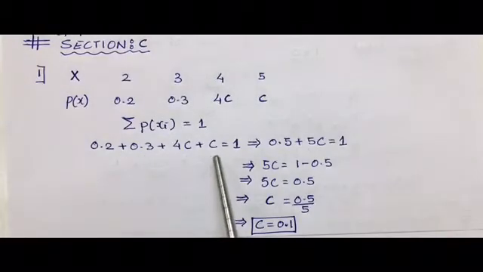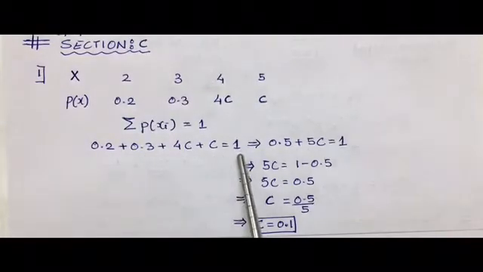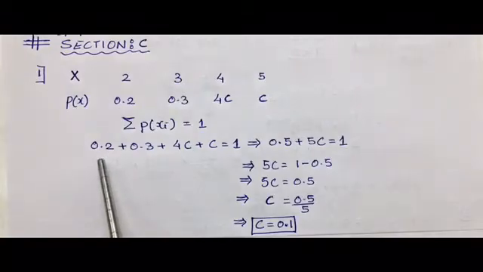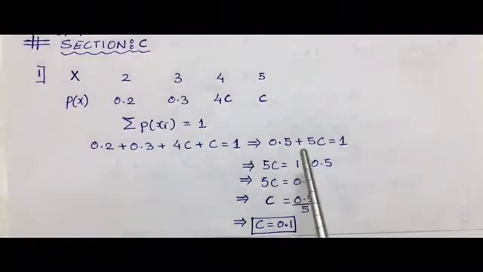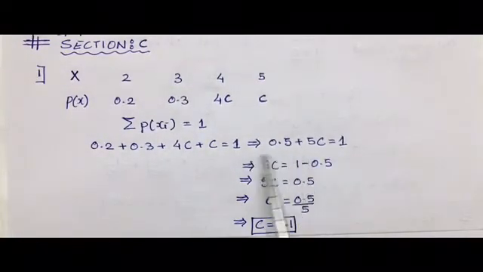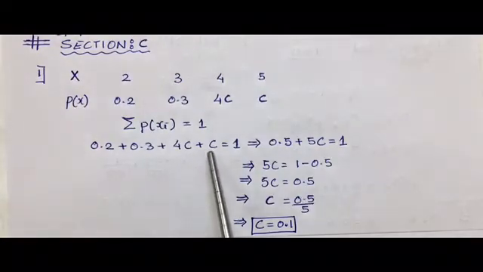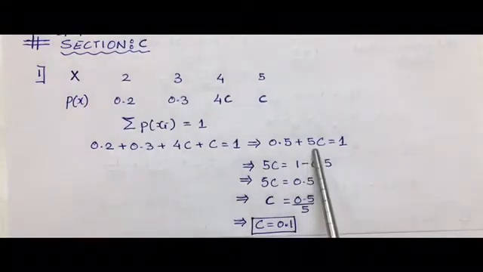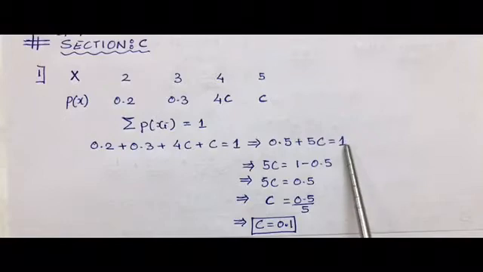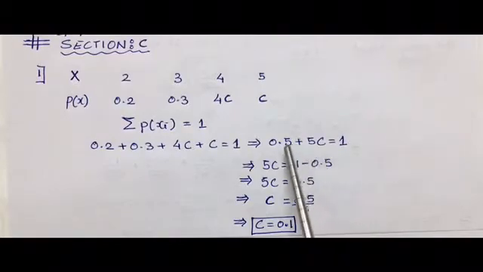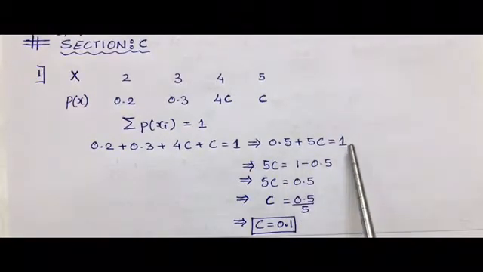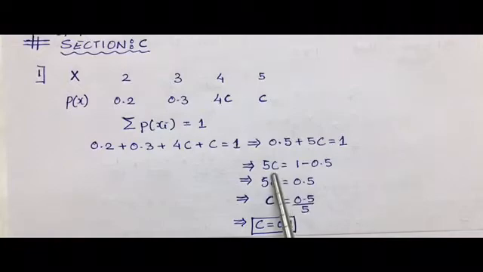They all are added, equated to 1. Now adding 0.2 and 0.3 will make 0.5 plus 4c plus c will make it 5c is equal to 1. Now taking 0.5 the other side, it becomes 5c is equal to 1 minus 0.5.